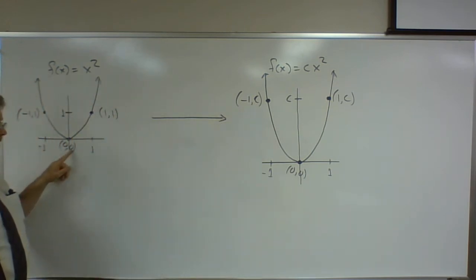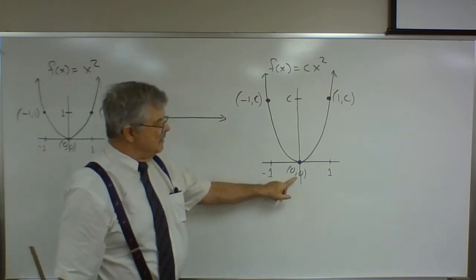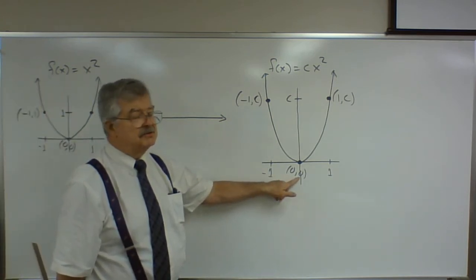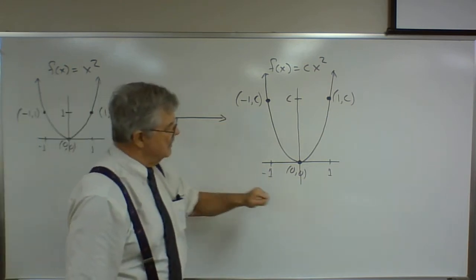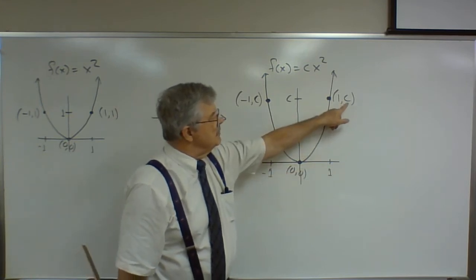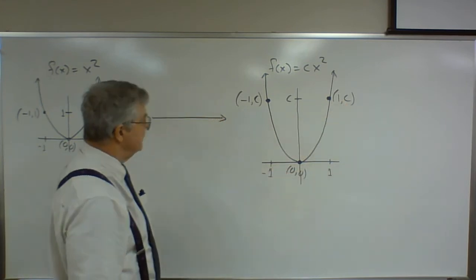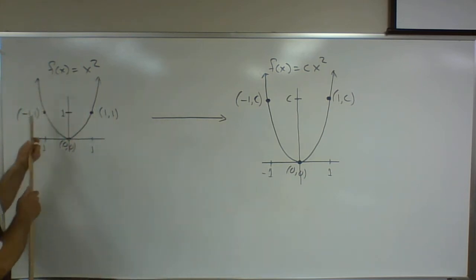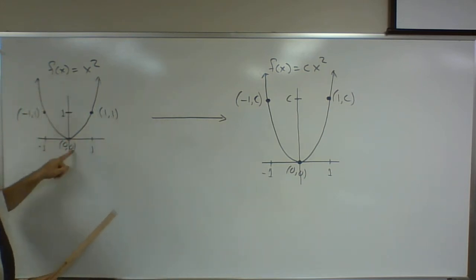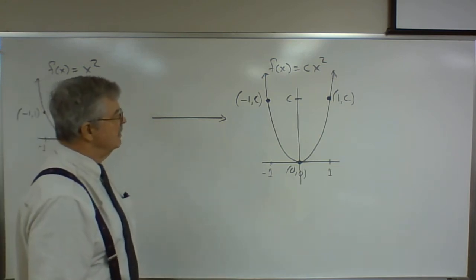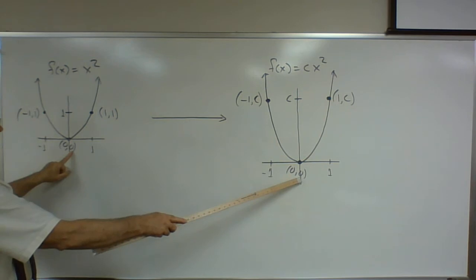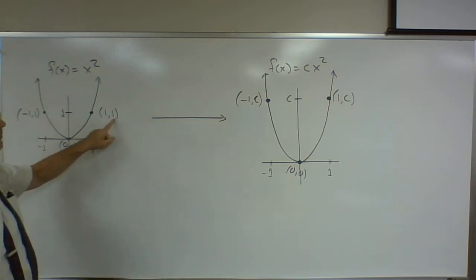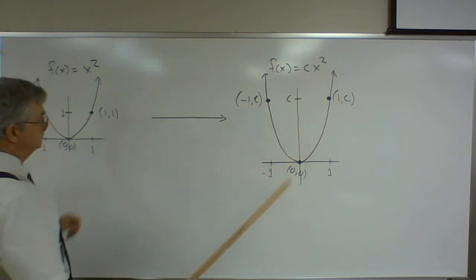If y is 0 here, then y is going to be c times 0, or 0 here. If y is 1 here, then y is going to be c times 1 here. We took all of the y coordinates and multiplied them by c. This becomes c times 1, which is c. This becomes c times 0, which is 0. This becomes c times 1, which is c.